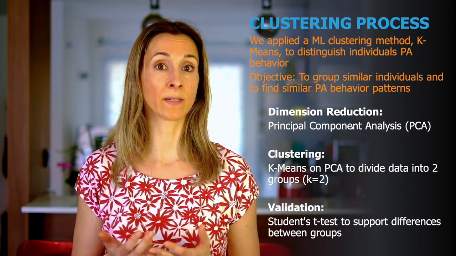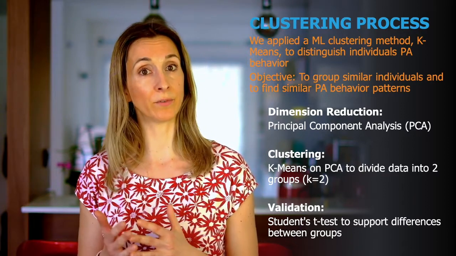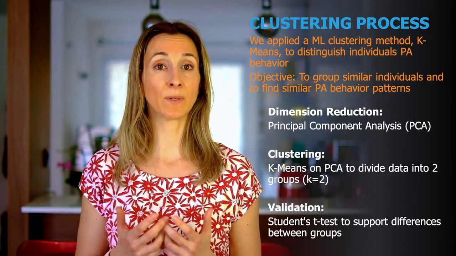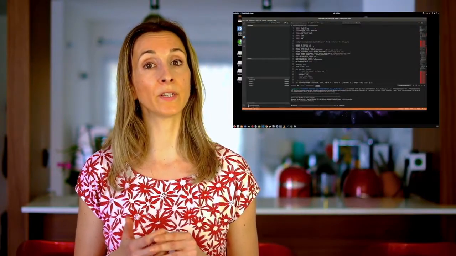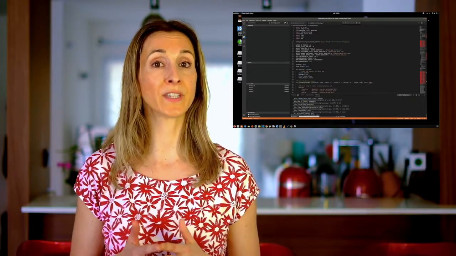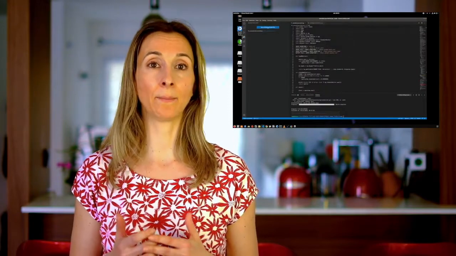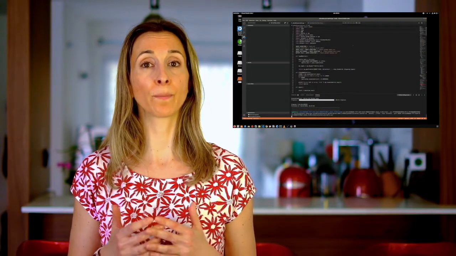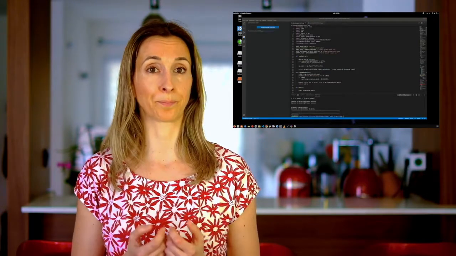Our mindset was that this procedure would help us group similar individuals and therefore similar PA behavior patterns. So, to use k-means, we first started by using PCA, Principal Component Analysis, in order to reduce the dimensionality of the data, and only then the k-means method was used for the purpose of clustering the individuals in two groups.